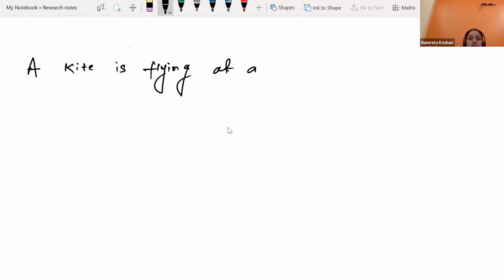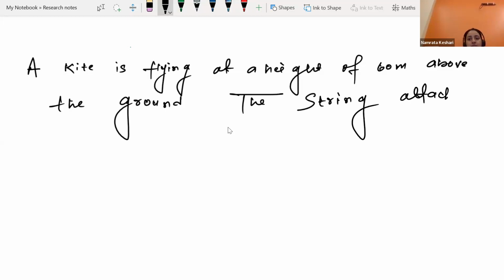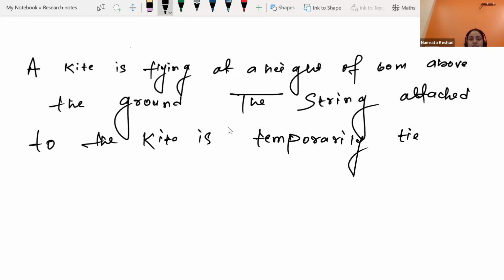At a height of 60 meter above the ground, the string attached to the kite is temporarily tied to a point on the ground.